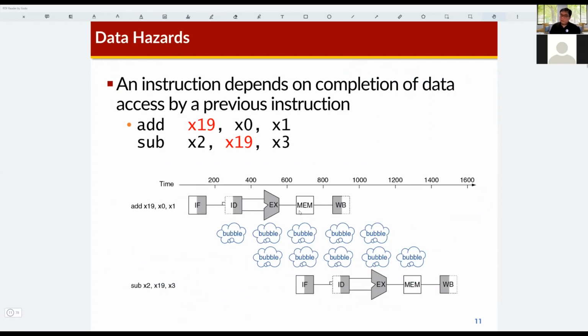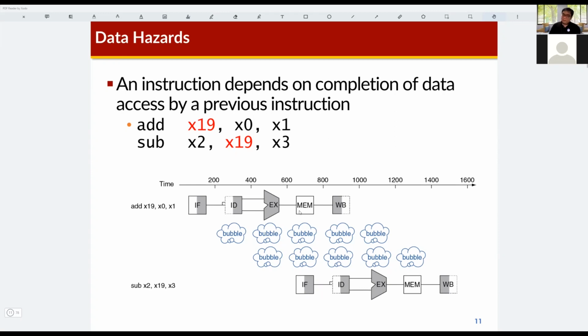So data hazard is caused by data dependencies observed in our normal program. As I mentioned, data dependencies are frequently observed in our normal applications, because when we calculate some data with our high-level language, the data of the former statement is usually utilized by the following statement of our program code, right?